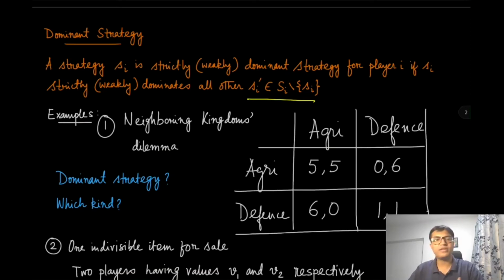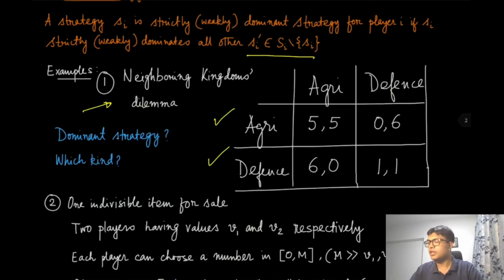So let us come back to this very old example of the neighboring kingdoms dilemma. We remember that there were two strategies for each of these players: agriculture or warfare, which is equivalent to defense, and the utilities were as shown in this matrix. Now let us try to understand whether there exists a strictly dominant strategy for any of these players.